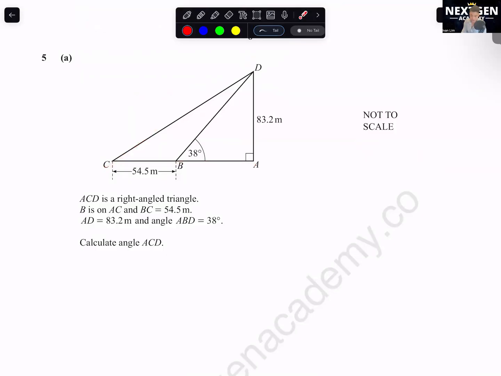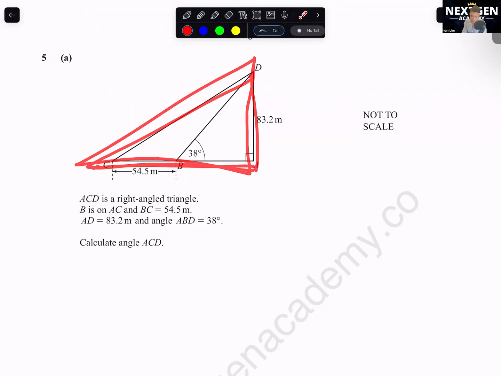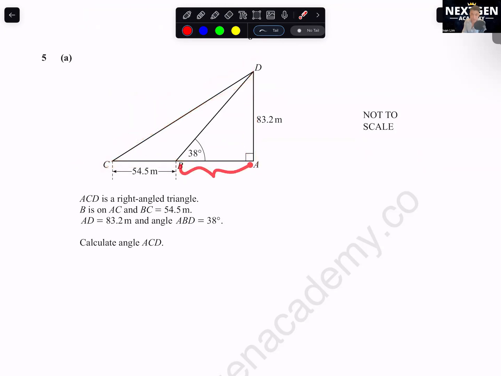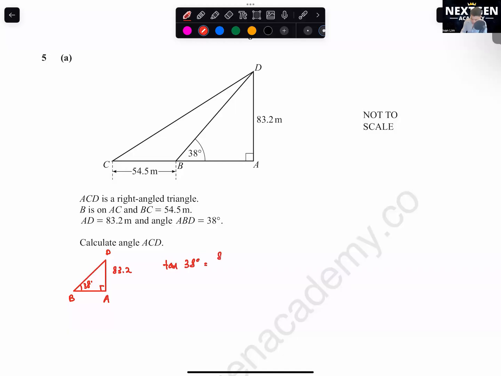So how can I find angle ACD? I can use the right angle triangle. Then I can use SOHCAHTOA, but I don't have this part here. So can I find this part here first? Can. Okay, we use this other triangle first. So let's start with triangle ABD. Here is 38 degrees, ABD. They give us here 83.2. So I'm going to use tangent 38 equals 83.2 over AB.